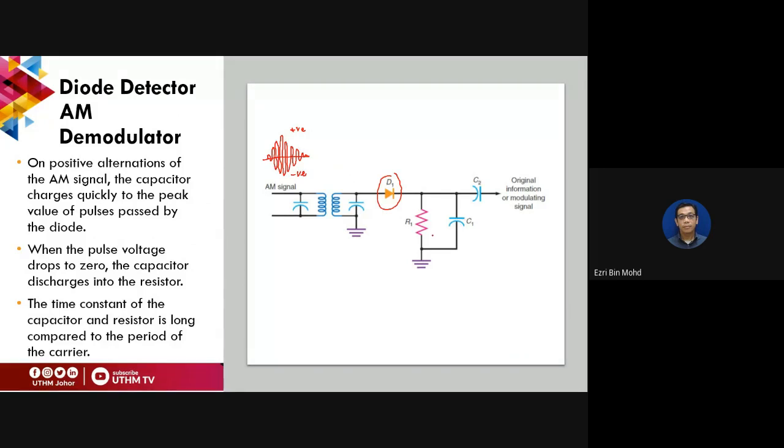The capacitor and R1 here discharge: the capacitor is discharged into R1 when the diode D1 is in reverse bias, or the negative cycle.